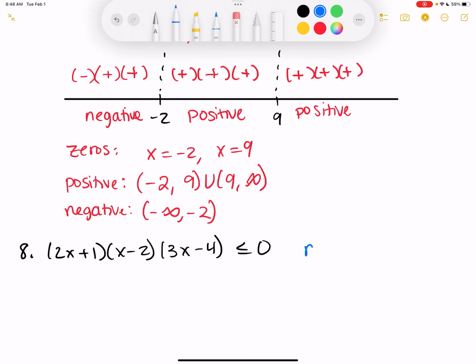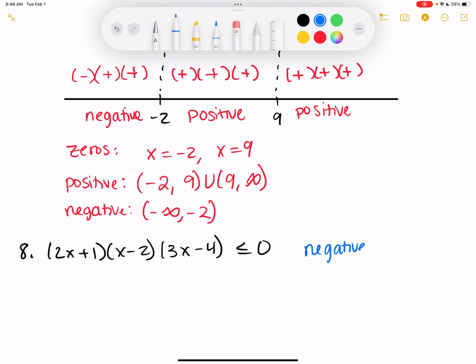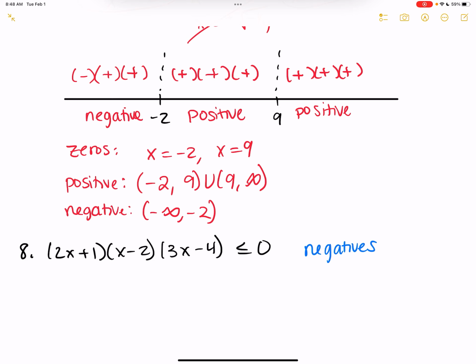Negative anything, or less than 0. I need the negative values, or 0. Technically 0 can work. Let me rephrase: it's not negative numbers that we need, it's negative regions. Regions that make the problem end up negative.